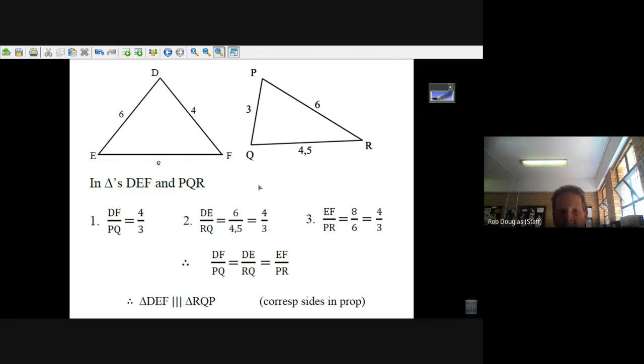Well, let's just check the other one out. There's only one left. That's this 6 and this 4.5. Well, 6 over 4.5 is 4 over 3 too. If you divide the top and bottom by 1.5, or if you put that in your calculator, you'll see that you get 4 over 3.